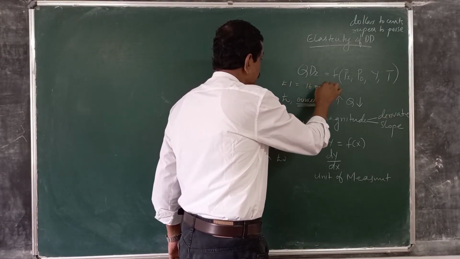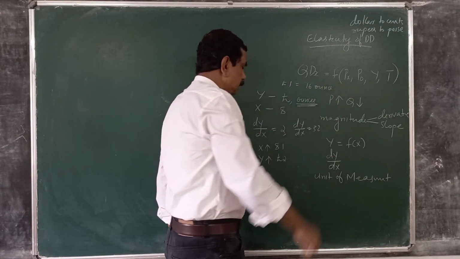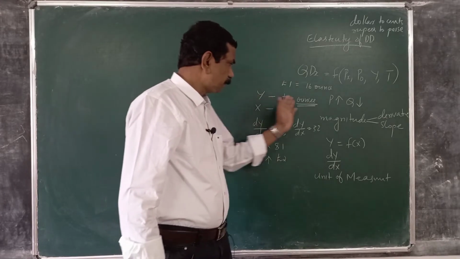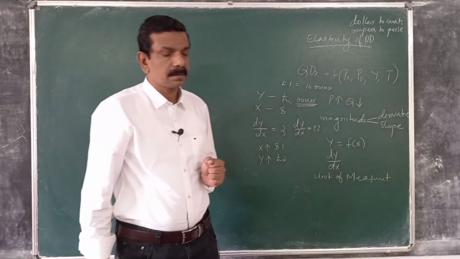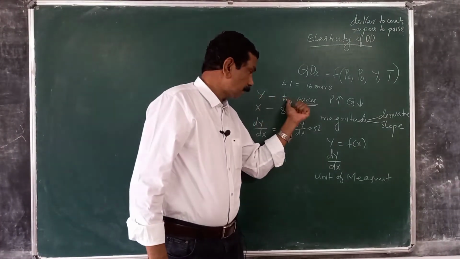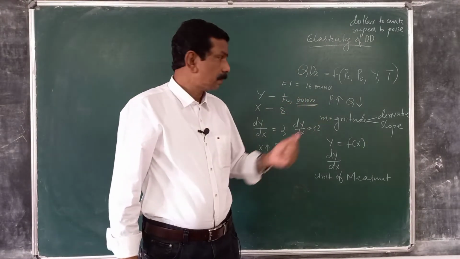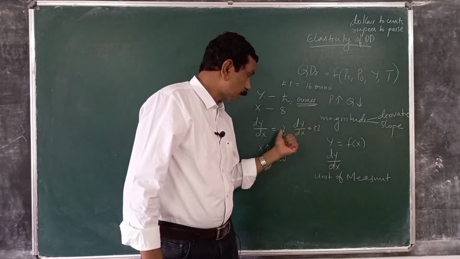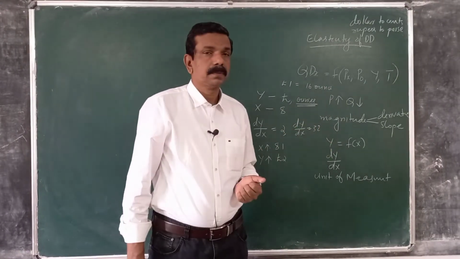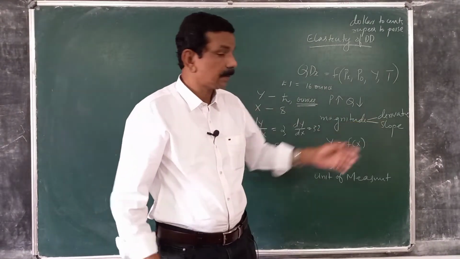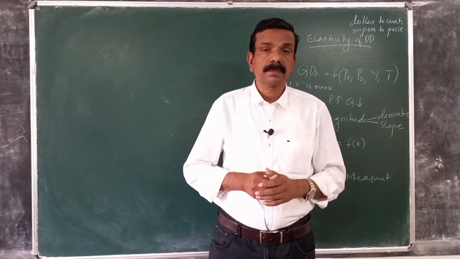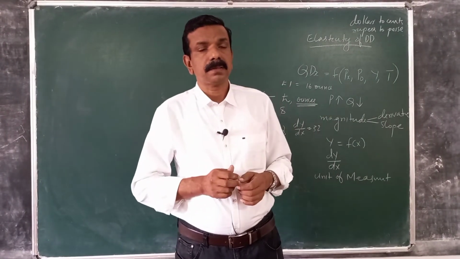16 ounce. So by simply changing the unit of measurement of y from pound to ounce, the derivative changes from 2 to 32. So slope or derivative depends on the unit of measurement.